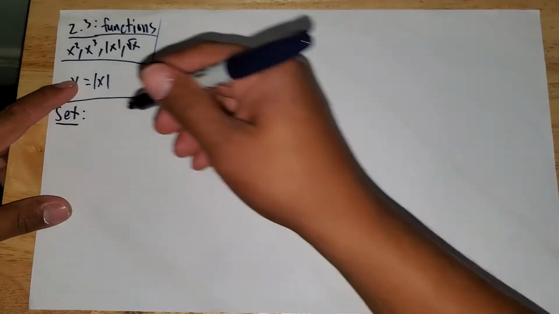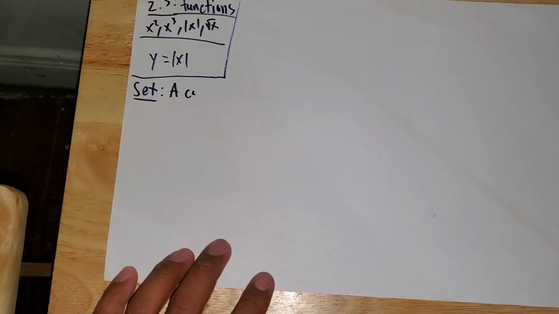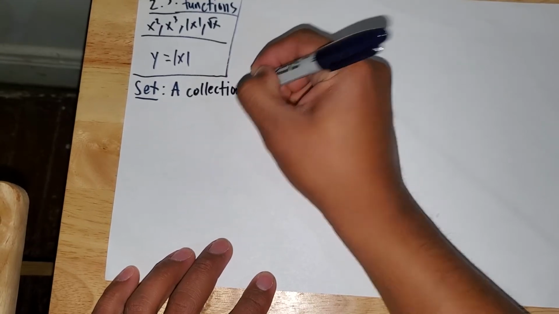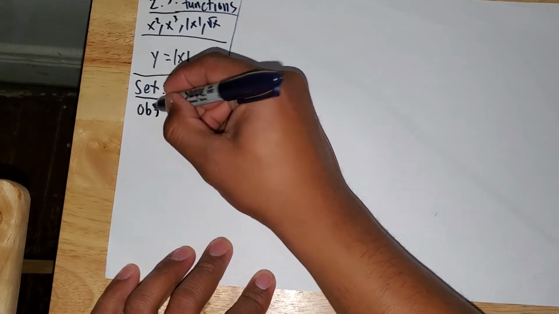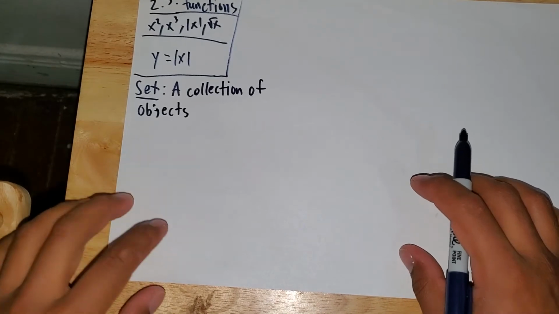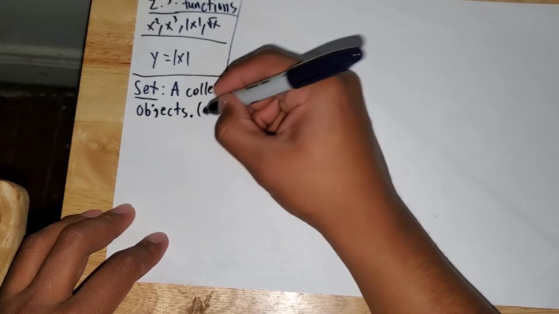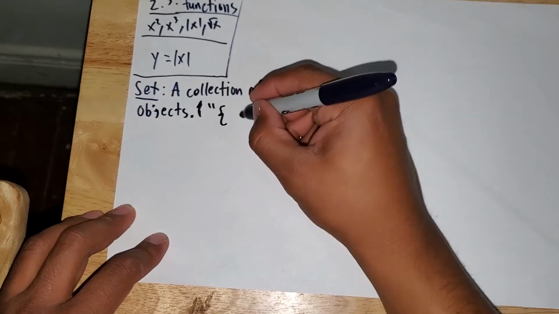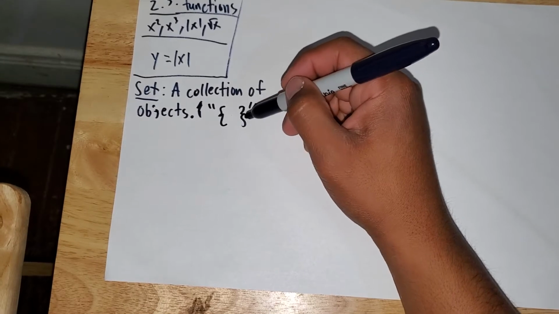All a set is, is a collection of objects. And since this is a math class, the objects we're going to be talking about are numbers and other ideas that involve math. I should use the notation that's used for sets, and you saw me do it in class when we wrote our solution set.